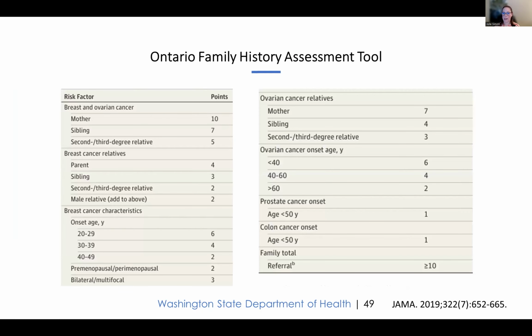And then to look at some of those tools that it specifically calls out, these models are used to look for that BRCA1 and 2 specifically. So like Rena and the others have talked about before, and it will highlight that it's important to get information from both sides of the family. For example, on this Ontario Family History Assessment tool, it's asking about breast, ovarian, and prostate cancer.